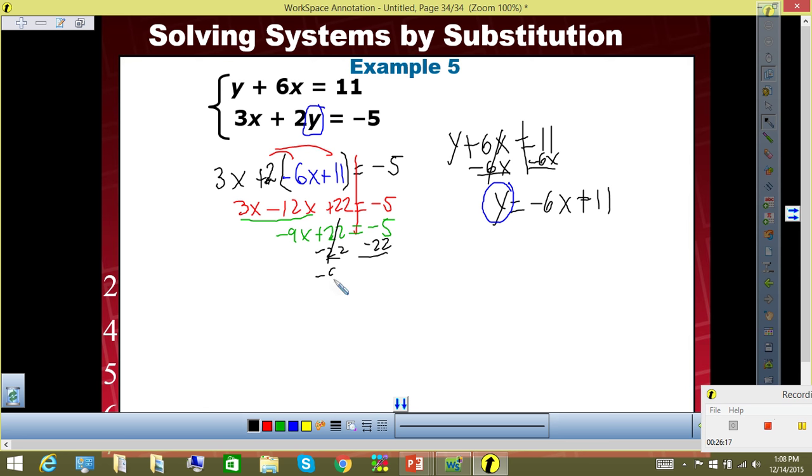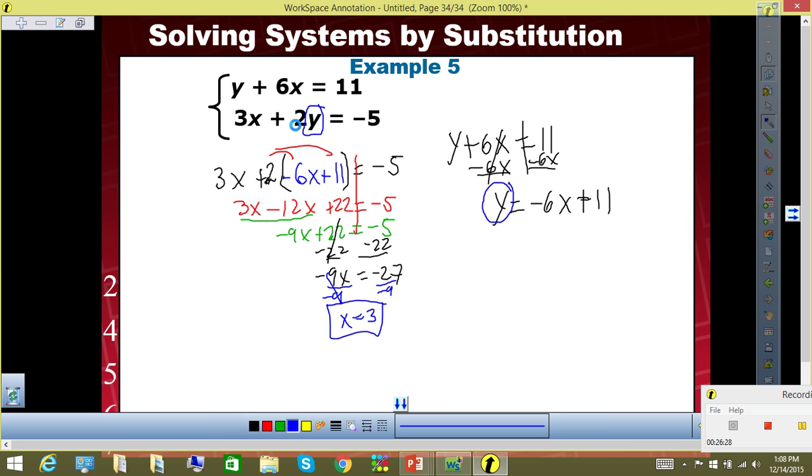Negative 9x equals negative 27. Then at the end, divide by negative 9. x equals 3. Hands if you got x equals 3. Okay. If you didn't, you probably made a mistake here when you're subtracting and adding positive and negative numbers. Be careful of that.